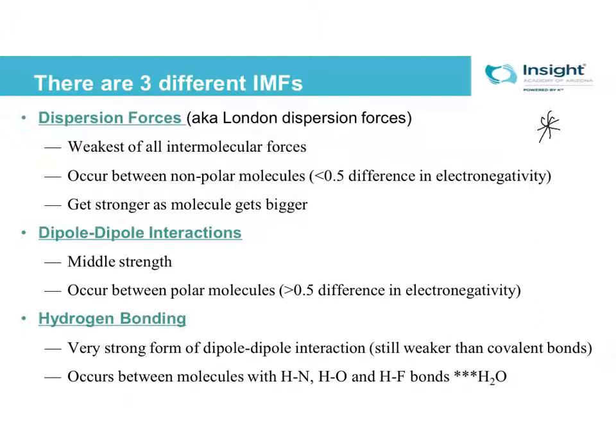But hydrogen bonding is specific. You have to have one of these 3 bonds inside the molecule in order for intermolecular hydrogen bonding to occur. So you have to have hydrogen bonded to either a nitrogen, an oxygen, or a fluorine.